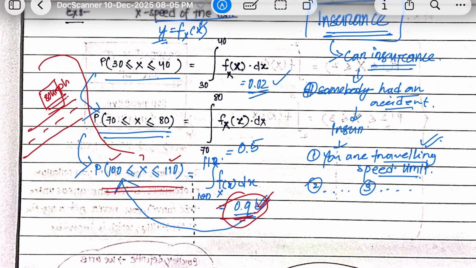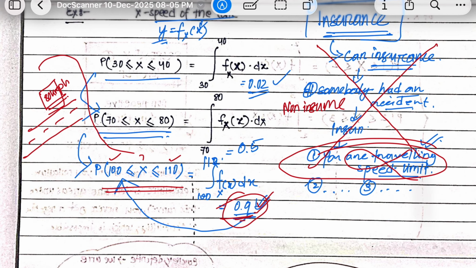So the insurance company will simply cancel the insurance, no insurance, because the first criterion did not meet the conditions: it is an overspeeding car.